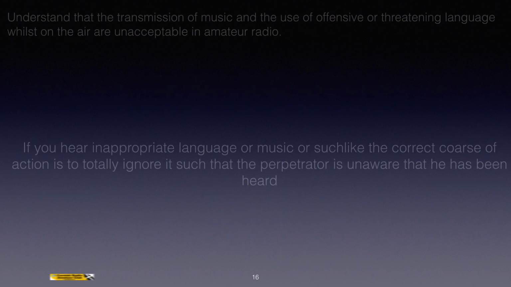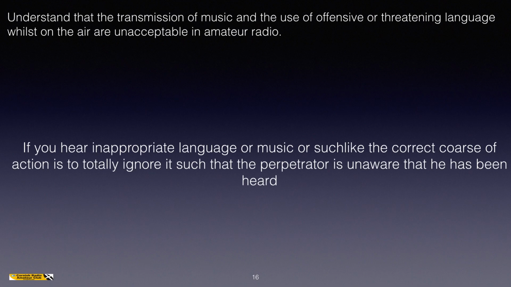One of the syllabus items says, understand that the transmission of music and the use of offensive or threatening language whilst on the air are unacceptable in amateur radio. So if you hear inappropriate language or music or such like, the correct course of action is to totally ignore it, such that the perpetrator is unaware that he has been heard.